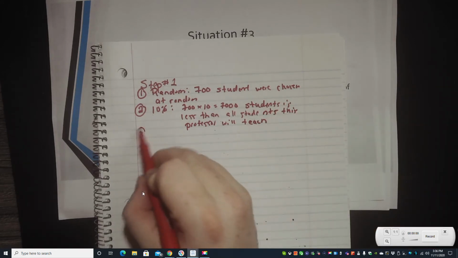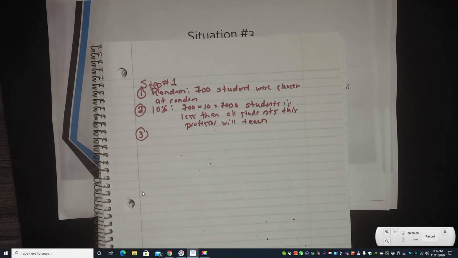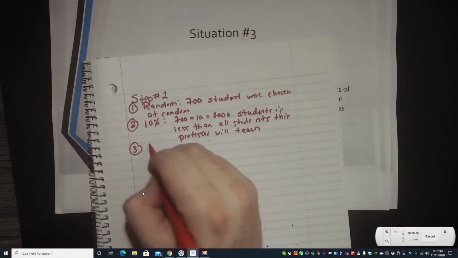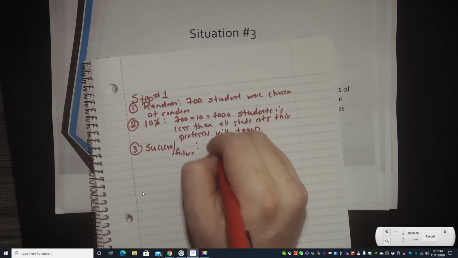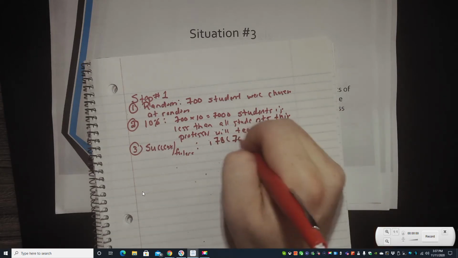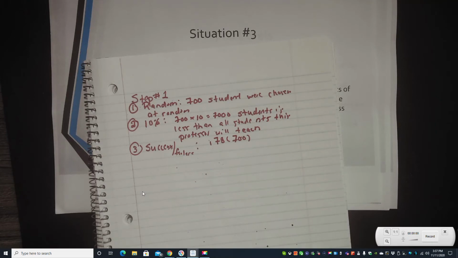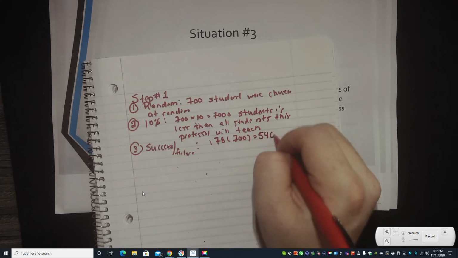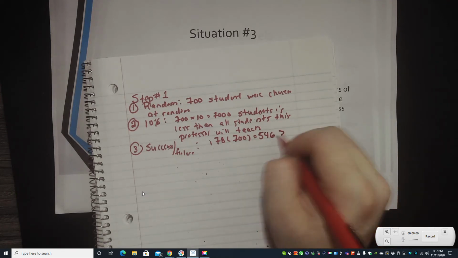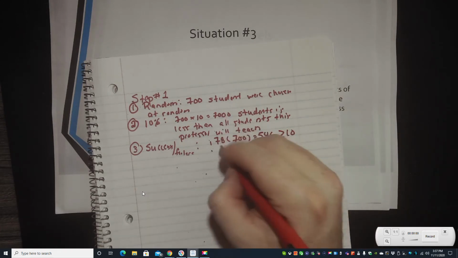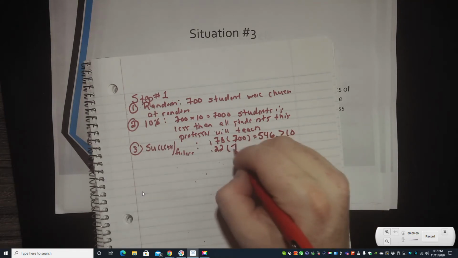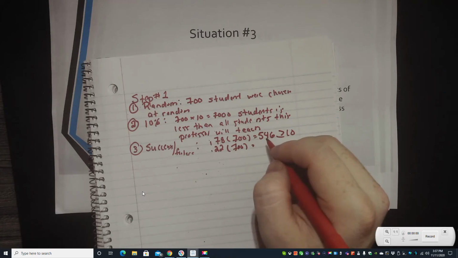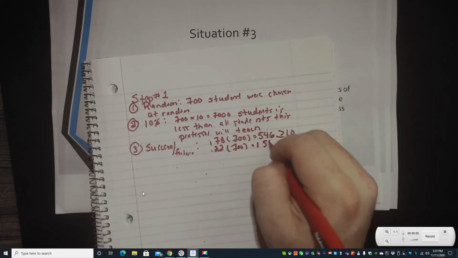And then success failure, so we've got 78%, yes, so 0.78 times 700 is 546, is greater than or equal to 10, and then 0.22, which again is 1 minus 0.78, times 700, and that's equal to 154, which is greater than or equal to 10.